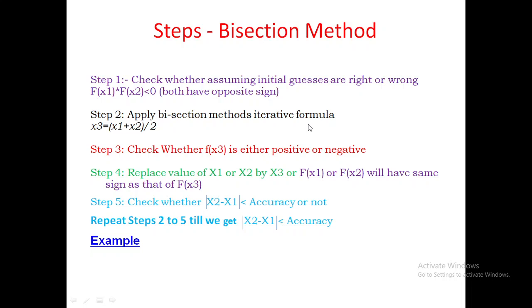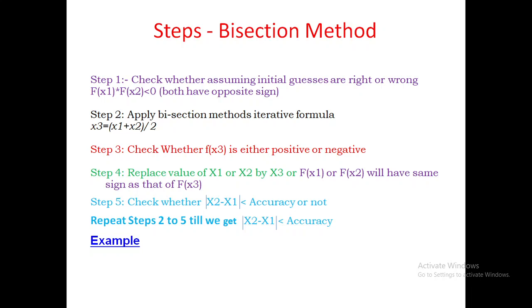In the second step, you have to apply the bisection method iterative formula. What is the bisection method iterative formula? In the first step we assumed the x1 and x2 values. In the second step you have to calculate the x3 value using the x1 and x2 values.